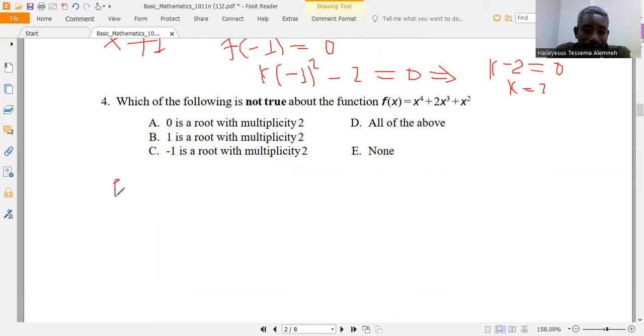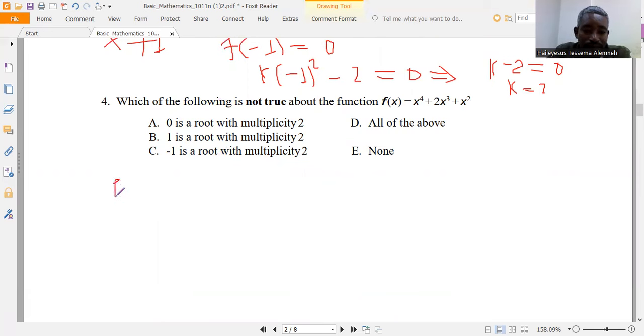So let's start from this one. Y is equal to 3 to the power of minus x, minus 2.